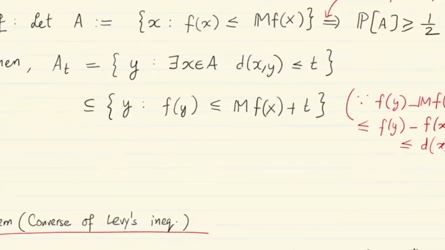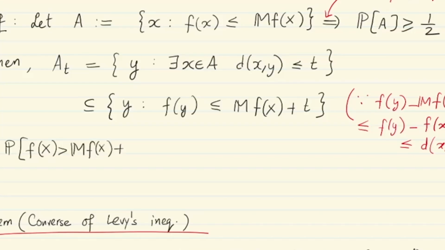A_t is a subset of the y such that f of y is at most M f of x plus t, and this in turn implies that the probability that f of x is larger than M f of x plus t must be bounded by the probability of A_t complement, and by definition the probability of A_t complement can be at most its concentration function alpha of t.